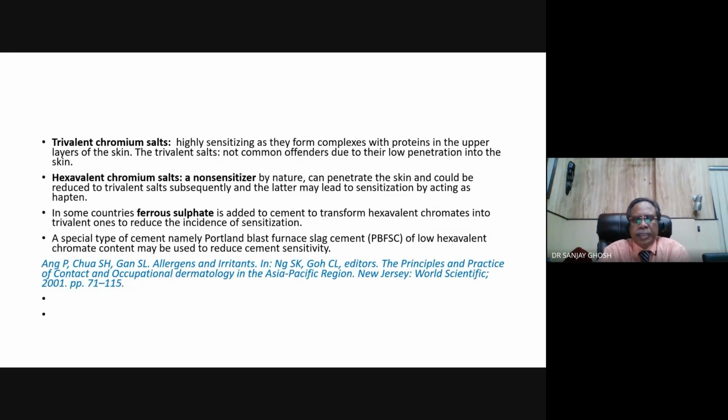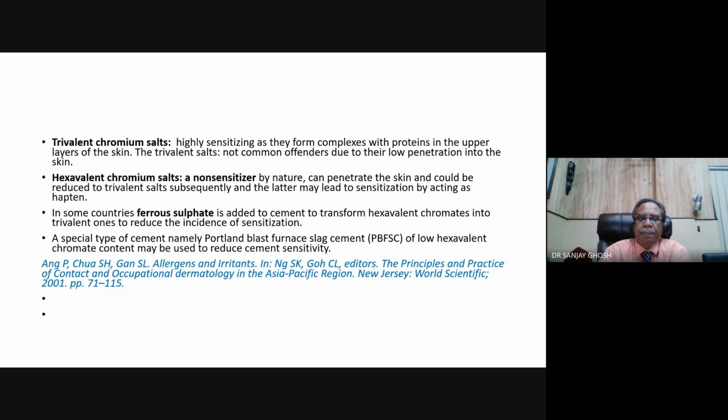Now, one important thing: the cement allergy I told you about is very common in urban and semi-urban areas. These are all hexavalent chromium salts. And Dr. VN, this important authority, told me that in their country they have solved the problem by adding ferrous sulfate, making it trivalent chromium. Actually, hexavalent chromium we are getting is less allergic.